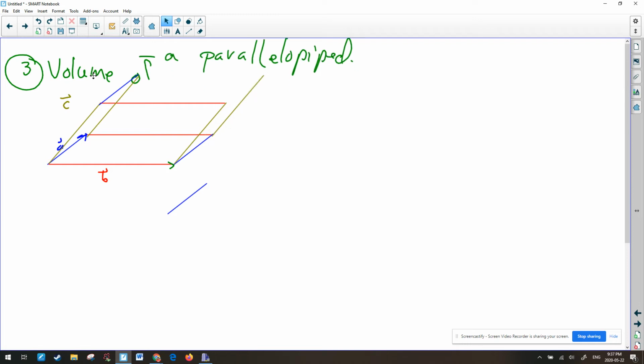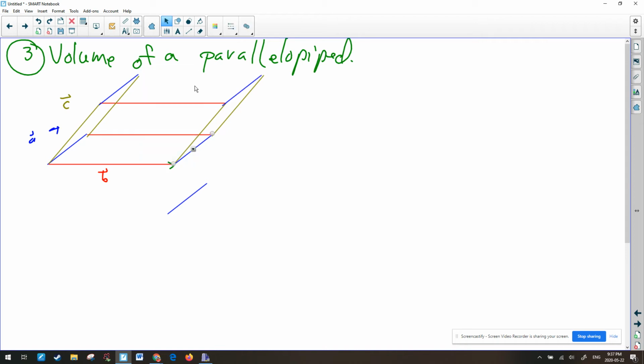Move all this stuff out of the way. Like that. And then I need the blue as well. There it is. Need the blue. And then another red. Another red.